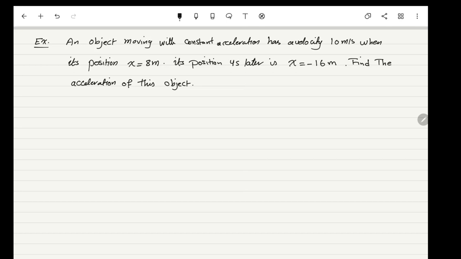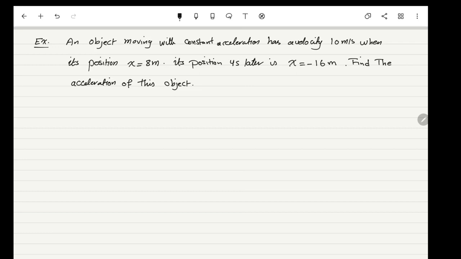Example: an object is moving with constant acceleration and has a velocity of 10 meters per second when its position is x equal to 8 meters. Its position 4 seconds later is minus 16 meters. Find the acceleration of this object.